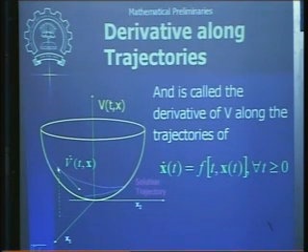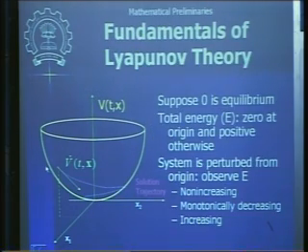In general the derivative at this point will be along the x1 direction and along the x2 direction, but when you substitute your equation x dot equal to f of x, that derivative becomes along the direction of the solution trajectory.